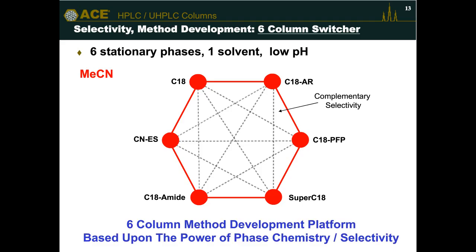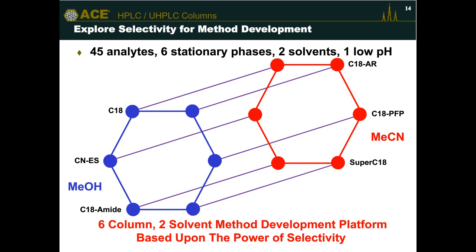Now the approach that we actually use in my lab, and we use this every day, is we have 6 different column chemistries, but we also use the power of solvent selectivity too. If you remember, that was third down on the list of parameters that influence selectivity. So you can see that we have in blue methanol, the protic solvent, which has a different selectivity effect, different eluotropic strength, compared to in red acetonitrile, the aprotic solvent.